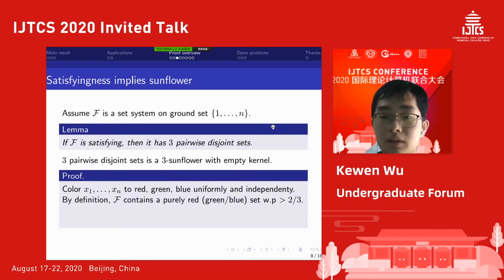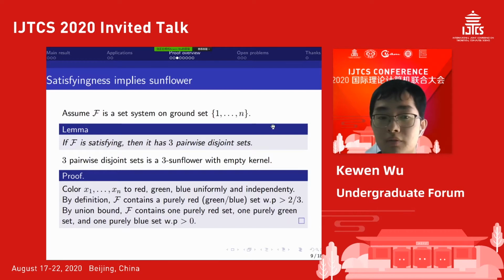And similarly, it will contain a purely green or blue set with probability greater than 2/3. Therefore, by a union bound, F contains 1 purely red set and 1 purely green set and 1 purely blue set with probability greater than 0. That is, we can find 3 sets that are pairwise disjoint because one element can only be colored with one color.